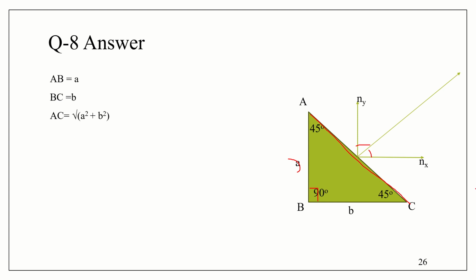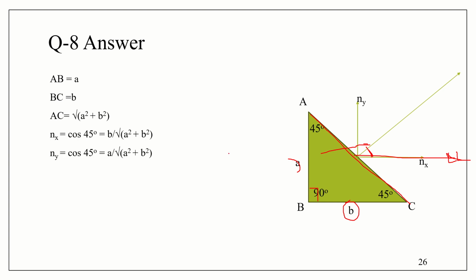Now we need to find nx. This is making 45 degrees and this as well is making 45 degrees. With respect to b, nx, the direction cosine in the x direction, is cos 45 degrees, so it is b by root of a square plus b square.